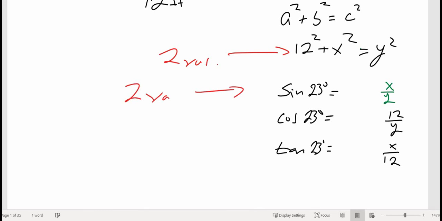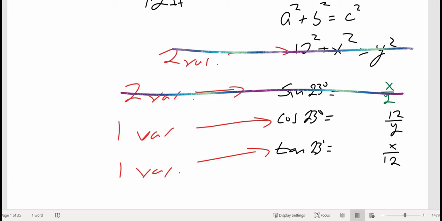And there's two variables here. And there's one variable here. And there's only one variable involved in this one. Okay? Well, the heck with these. That's twice as much work. I'm lazy. No, I'm efficient. Okay? Efficient. Okay? So there's only one variable involved in either one of those.